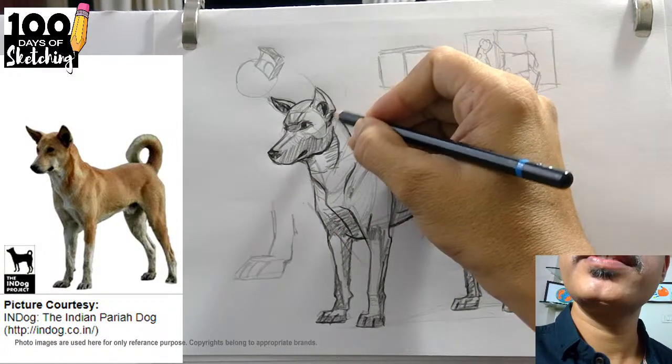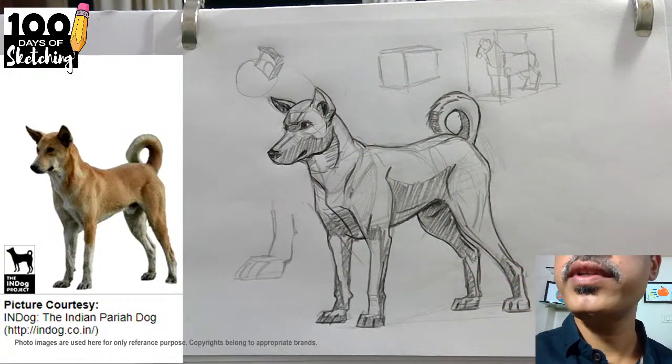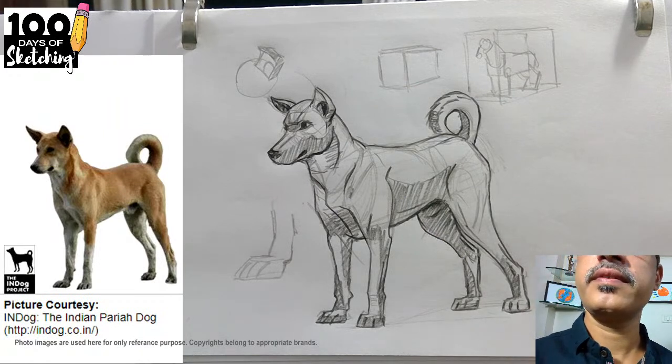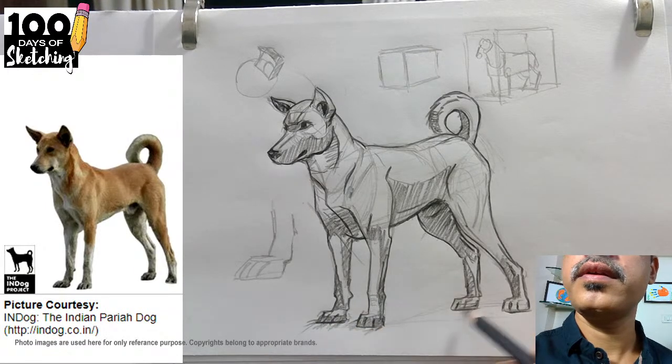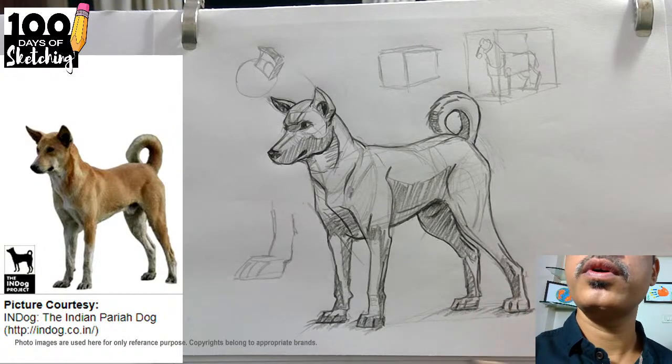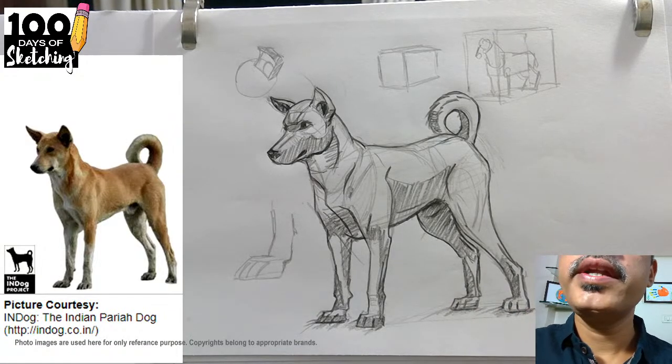So those lines also give aliveness to this. Some of the ground shadows you can also add, so you can follow the reality.